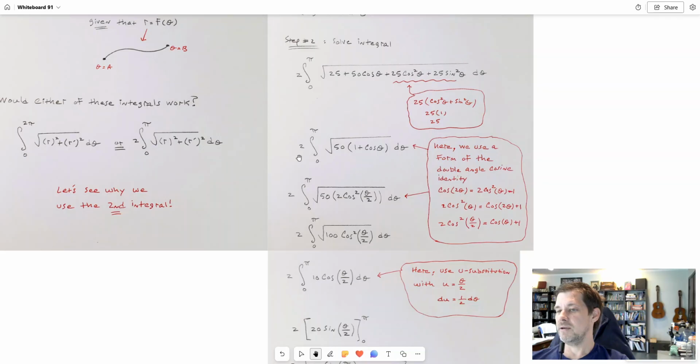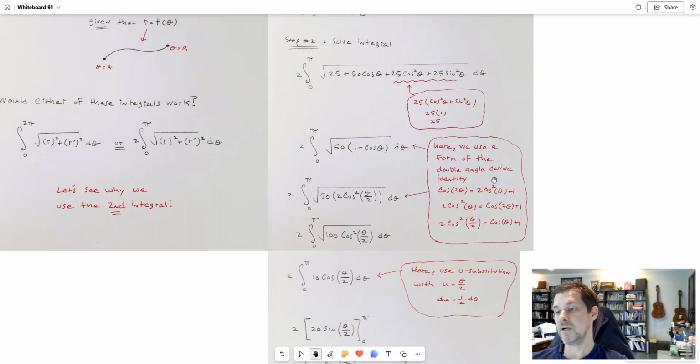Now, we get here, and then we will get stuck. I have to find some way to simplify this square root with the 1 plus cosine theta. 1 plus cosine theta doesn't reduce with roots, okay? So I would have to think of some other identity that could get me further here. So what I'll do is I'll use a form of the double angle cosine identity.